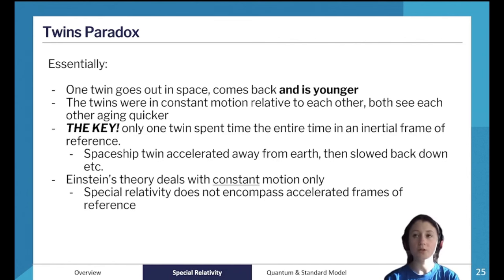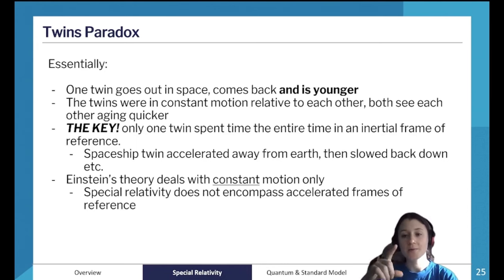So one of the twins was on Earth in an inertial reference frame, but one of the twins accelerated away from the Earth on a rocket. Remember, an inertial reference frame is one in which there is no acceleration. So the twin on the rocket accelerates away. He then gets to the planet and accelerates by turning around. Remember, even if you maintain a constant speed, if you change direction, that also constitutes changing velocity and accelerating.